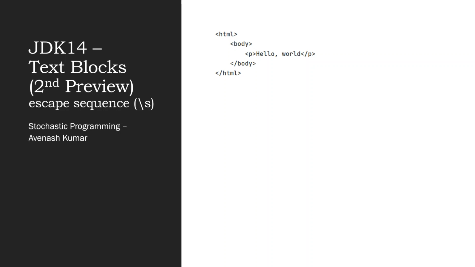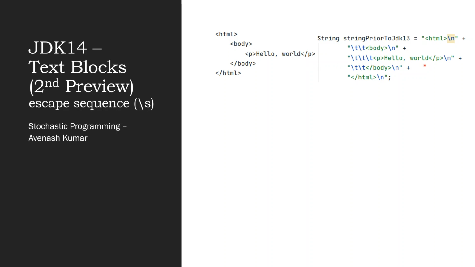Here in this example, in order to print this code, we need to put some additional characters to format it as it is on the console or in an external file. This is really hard to read and maintain. In contrast, using three double quote characters, we can declare a multi-line string in a much cleaner and more elegant way.